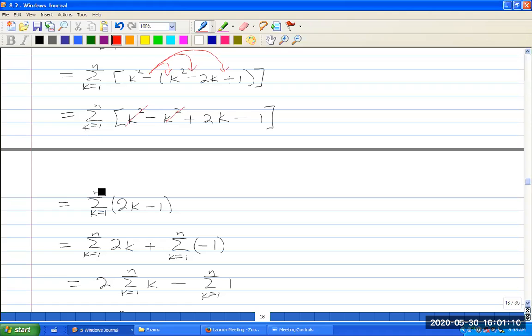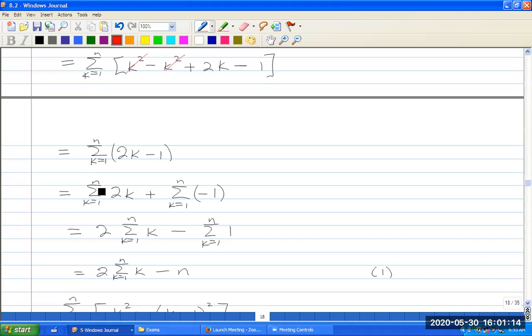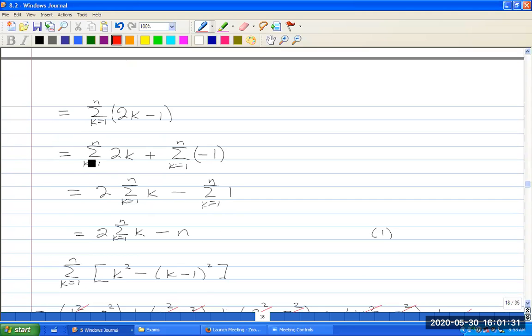Just using the fact that the sum is additive, and I can take the scalar out in front of the summation. And so using the fact that, again, the sum is linear, I get that this is equal to 2 times the sum k equal 1 to n of k minus the sum k equal 1 to n of 1.